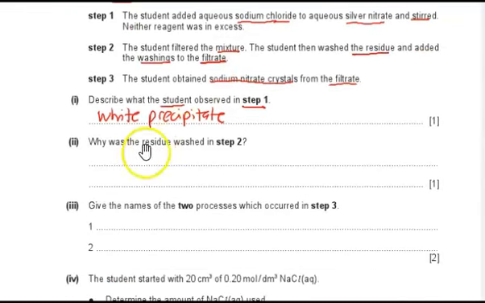Now, why was the residue washed in step 2?